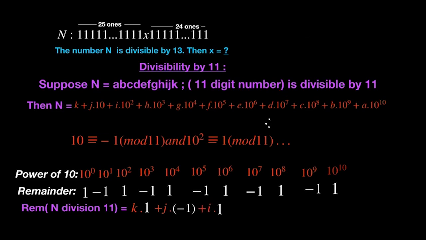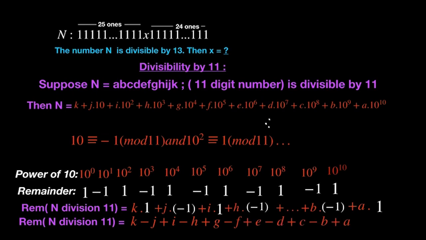So the remainder value of n will be like this. By putting the remainder values of all powers of 10, we have the remainder value of n as k into 1 plus j into -1 plus i into 1 plus h into -1 and so on, up to b into -1 plus a into 1.